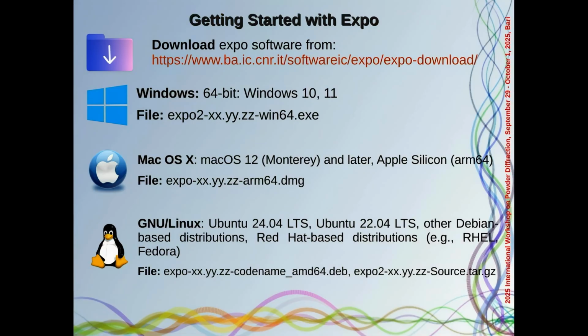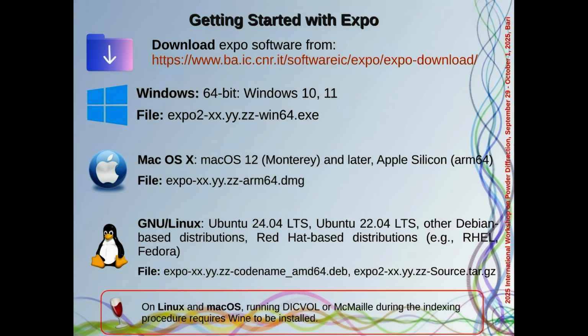For Linux, the best approach, in particular on Debian distributions, is to install using the prepared package. In this package, you can find the parallel version of EXPO. Or you can install by compiling the source code of the program.